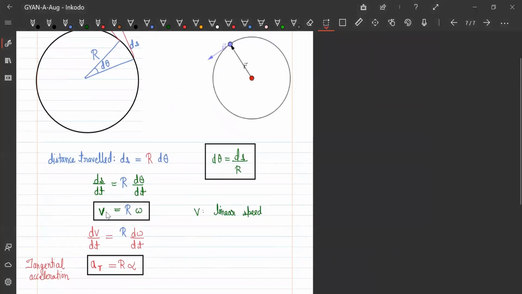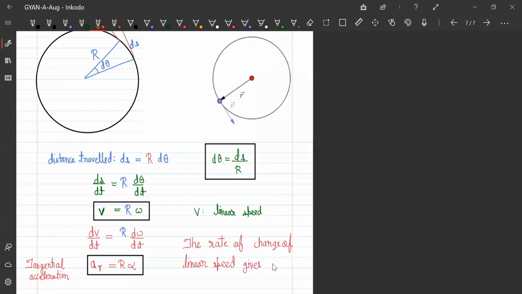Here, I have written v. So what is v? v is the linear speed. So I'll write a statement that will be very helpful to you: the rate of change of linear speed gives the tangential acceleration. I'm talking about speed, I didn't say velocity.